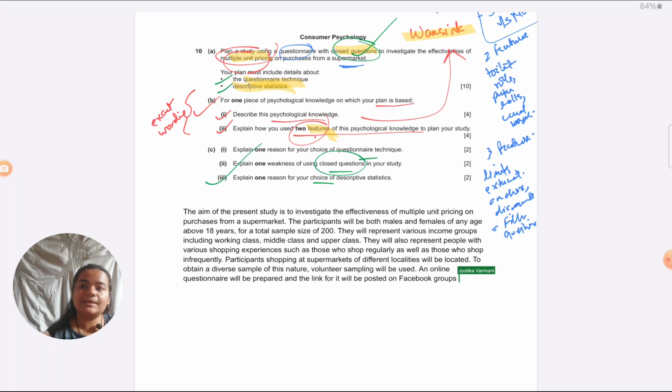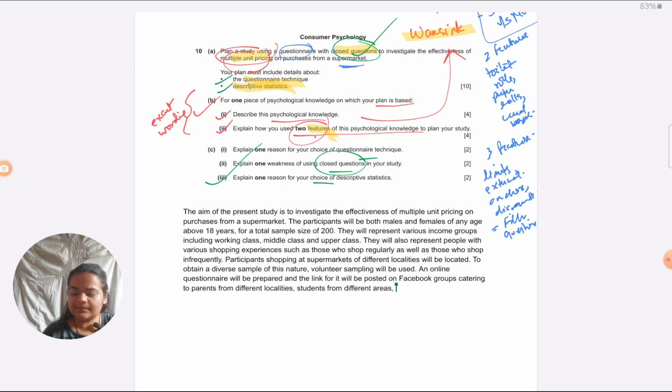Now, to show how I'm getting a diverse sample from Facebook, I can mention like which type of groups on Facebook I will post the link to, so that I can get many types of people. So, on Facebook groups catering to parents from different localities, students from different areas.